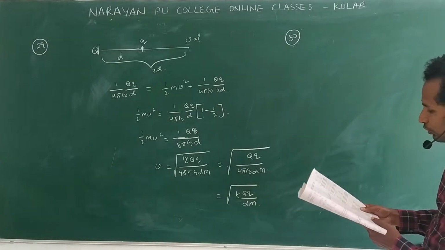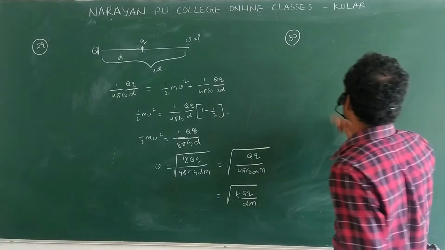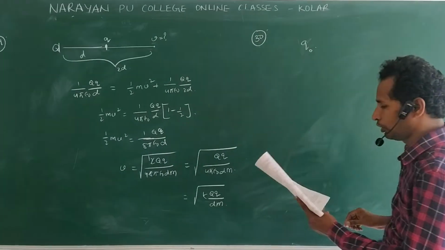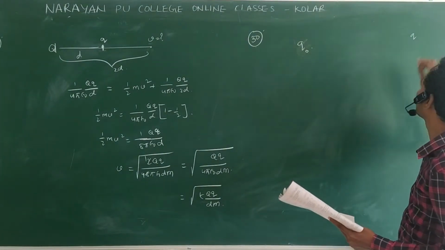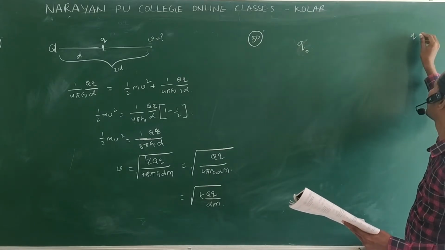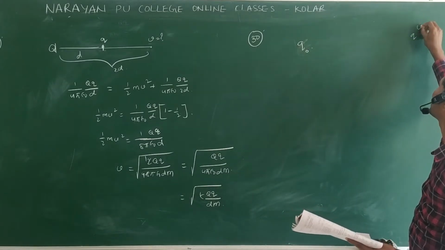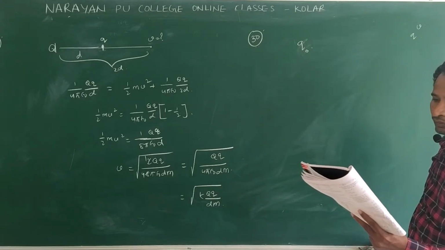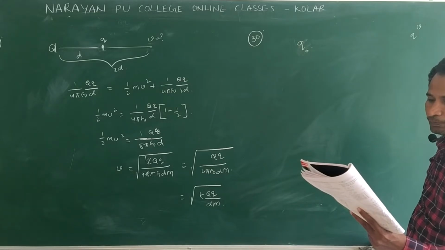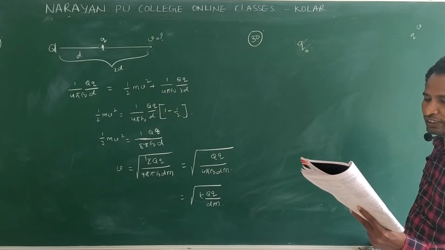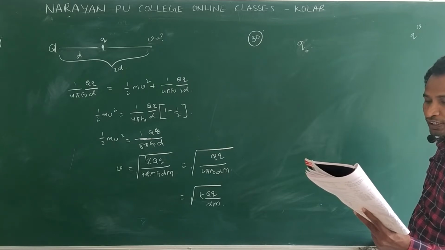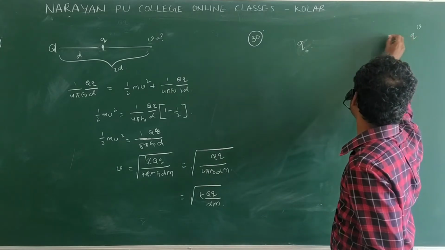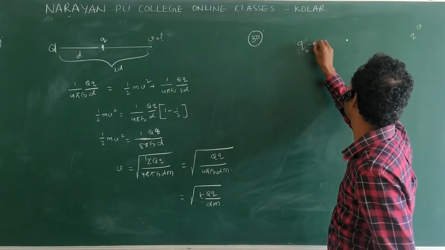A charged particle q is shot towards a charged particle Q naught, which is fixed. So Q naught is fixed. A q charge is shot, so it is projected towards this with a velocity, from a large distance, with the speed v. If it approaches Q naught to a closest distance x, then returns. Then due to kinetic energy, it comes to this point, the nearest point at a distance x.